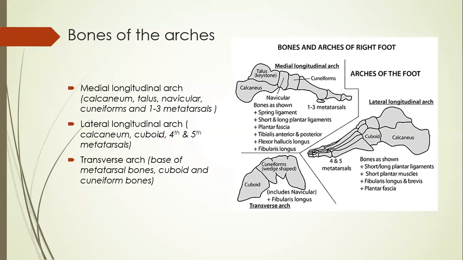In the lateral longitudinal arch, you can find calcaneus, cuboid, and the last 2 metatarsals. While in the transverse arch, the bases of the metatarsal bones, the cuboid, and the 3 cuneiform bones. These form the transverse arch.